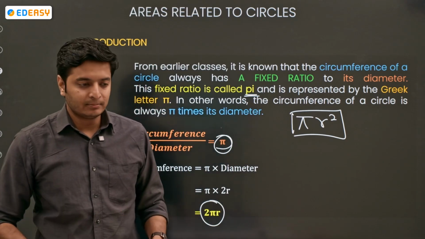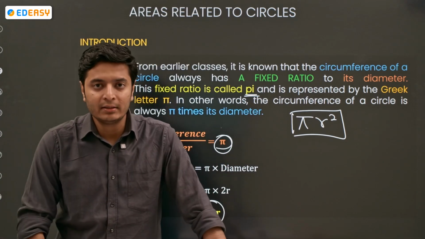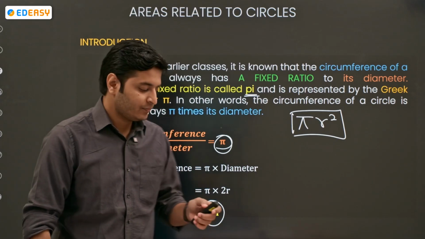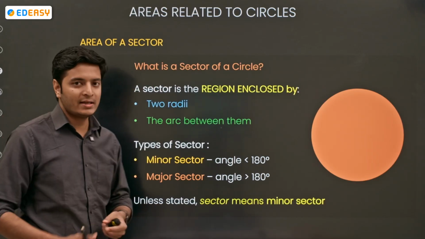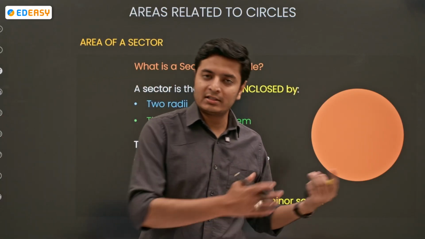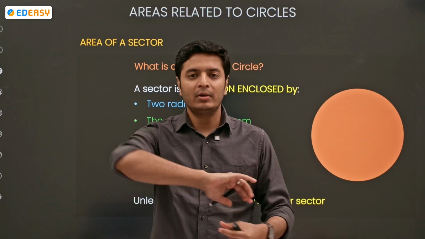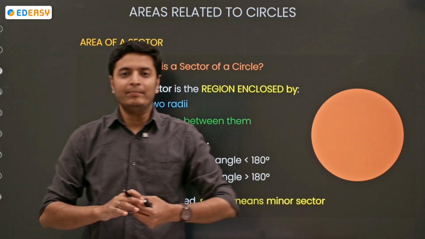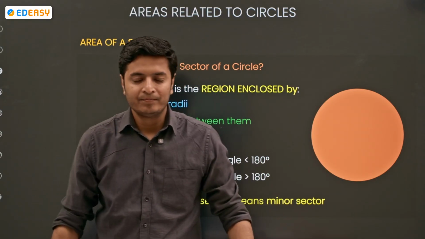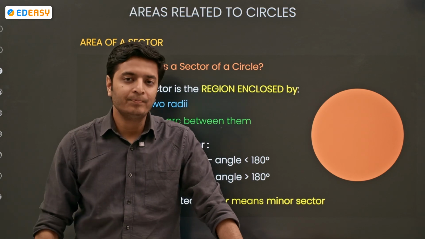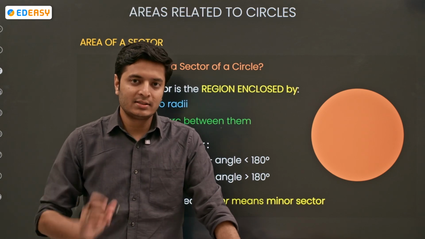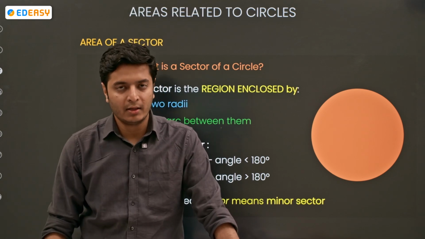Let me ask you one thing. Why are we calling it a sector? I will explain what a sector is, but I am just asking you about the name. Sector is a Latin word. Sector actually means slice of something, correct?